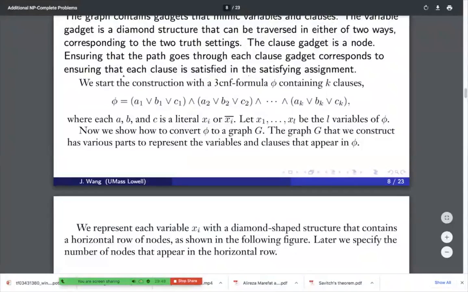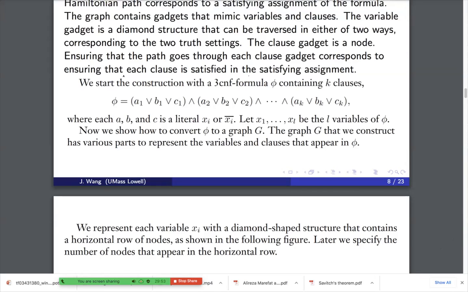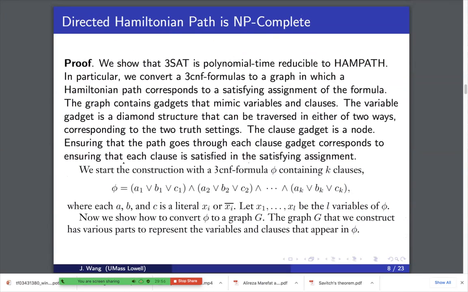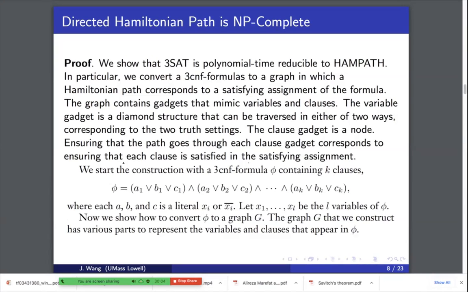Okay, so now let's look at our formula here, in the form like this. The first one is clause C1, C2, up to CK.